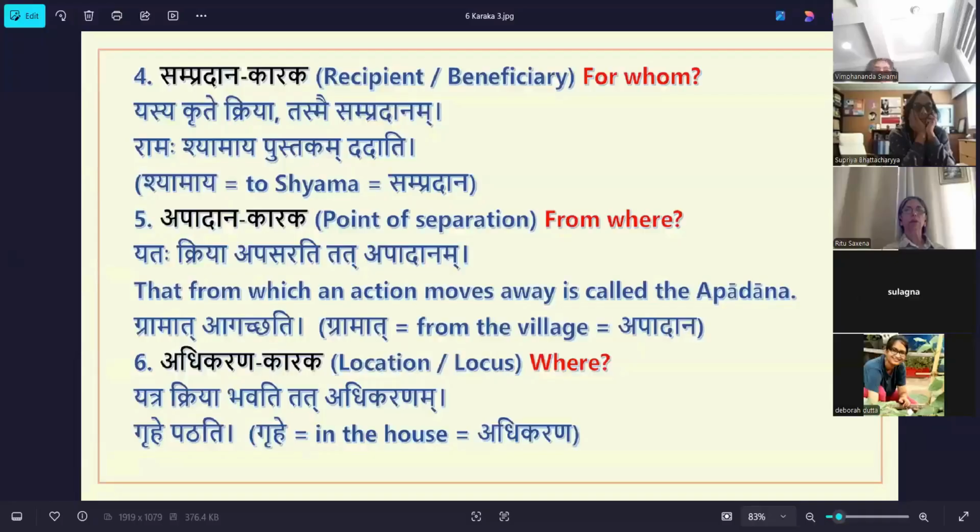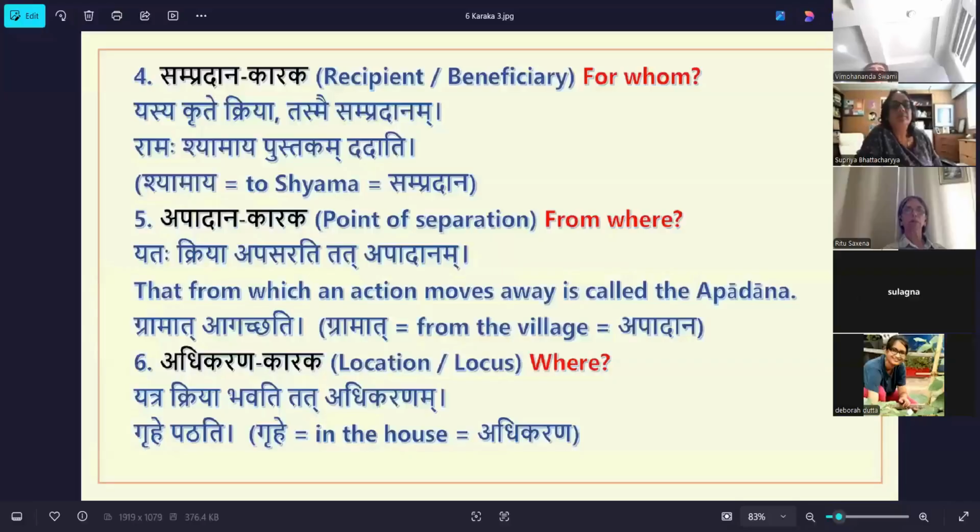See, you can see for yourself how prefixes act. Dana, pradana, then sampradana. So you can see here dana is involved. It means kriya is done for the benefit of somebody else.